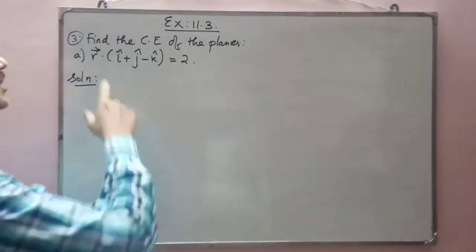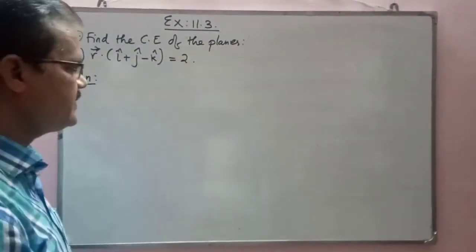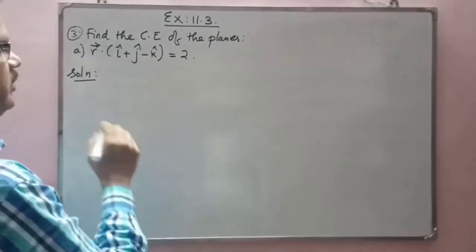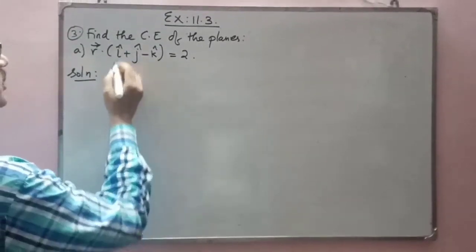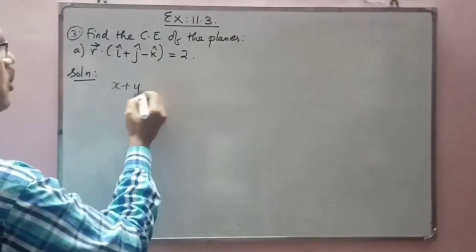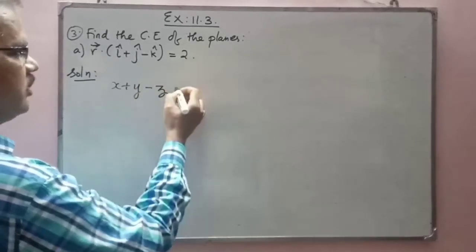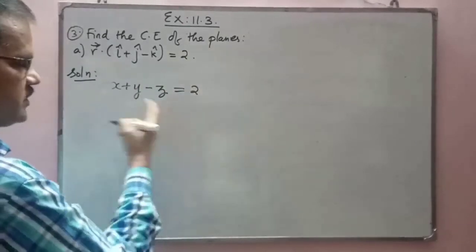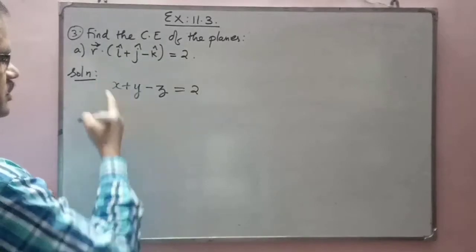Now, this question says find the Cartesian equation of the planes. Directly you can write from the vector equation. On seeing these direction ratios, you write x plus y minus z equals 2 as the Cartesian equation. Let us see how we got this.